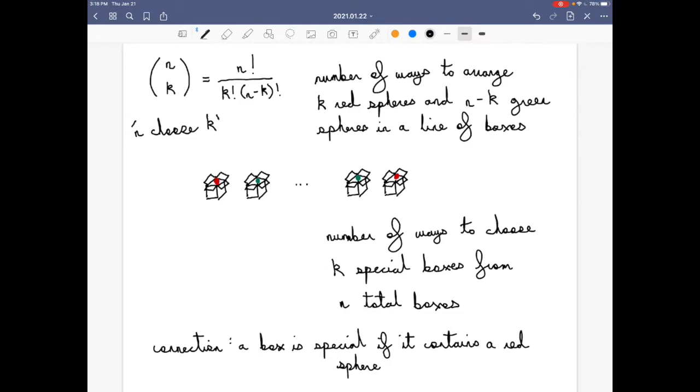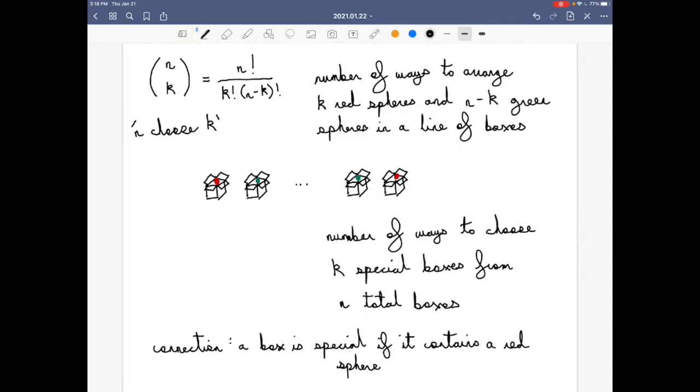The point being that the spheres with the same color are indistinguishable, but spheres with different colors are distinguishable. And as a special case of that, we found these binomial coefficients, which count the number of ways to arrange k red spheres and n minus k green spheres in a line.